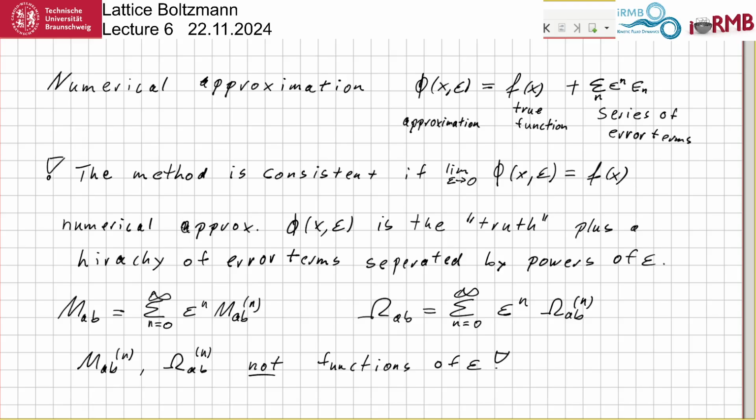So they must be strictly independent of epsilon. Meaning that all the information on epsilon is actually put in the series. So you build the series, and then the coefficients themselves are independent. Only the series depends.